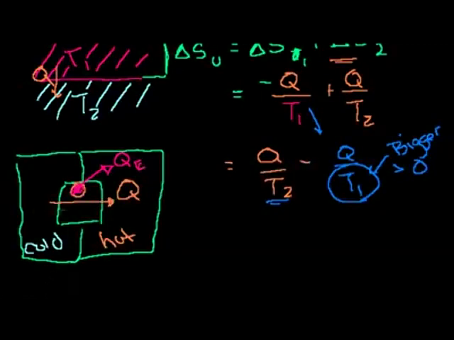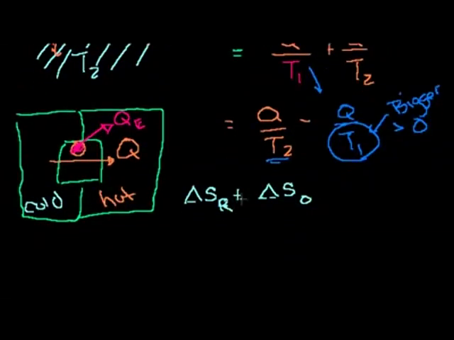If you wanted to figure out the total entropy created, the total entropy for the universe, it would be the change in entropy of the cold room, plus the change in entropy for outside. I'll call this one the room.